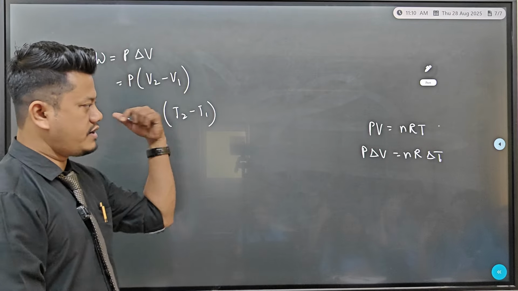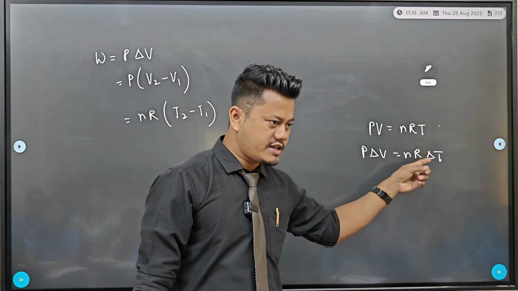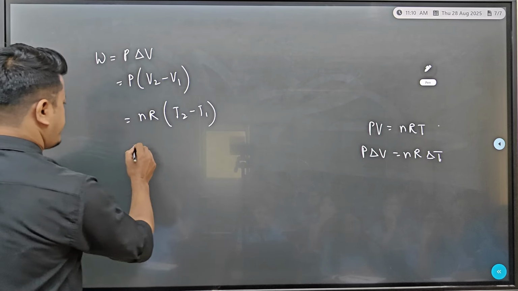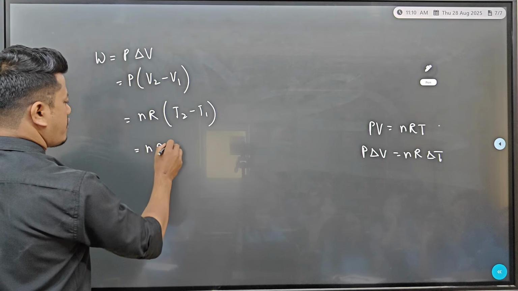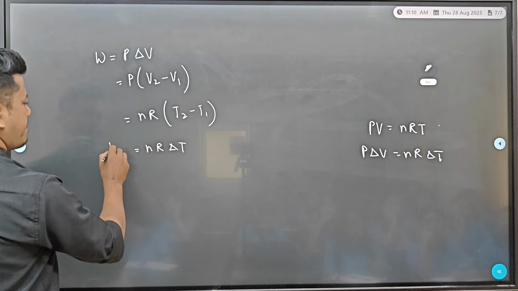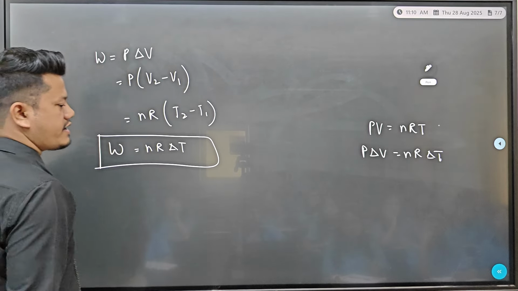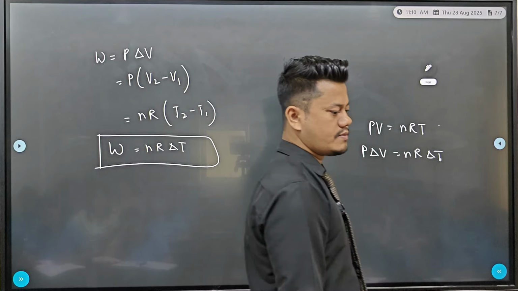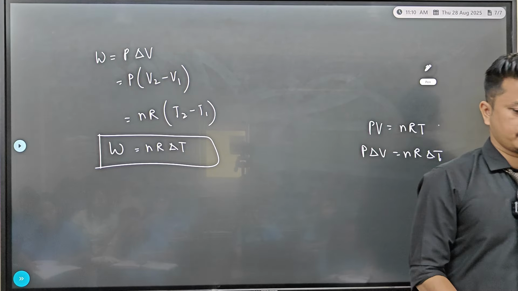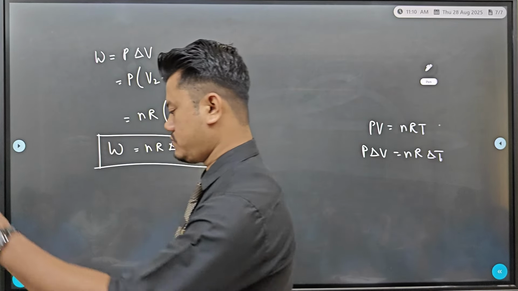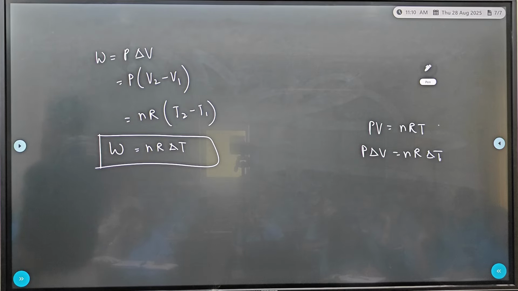P del V is equal to nR del T, or not? Now I can write the expression as nR del T. So work done under isobaric process is given by nR del T.